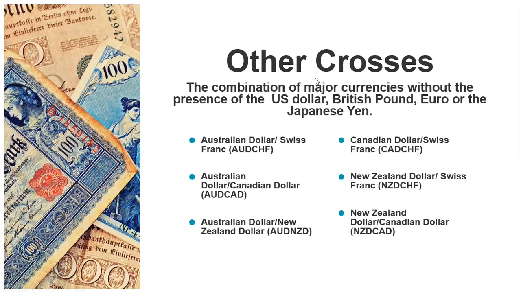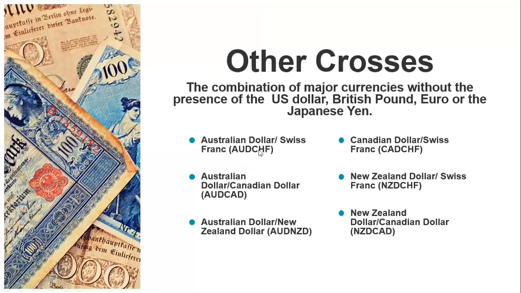You have other crosses. For other crosses, you don't have the US dollar involved. You don't have the British pound involved. And you don't have the euro involved. You don't have the yen involved either. So the remaining major currencies are now paired among themselves.